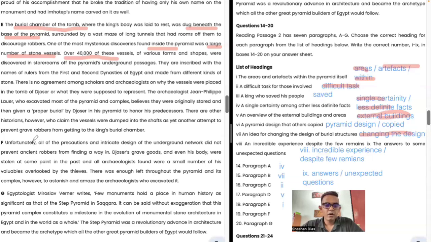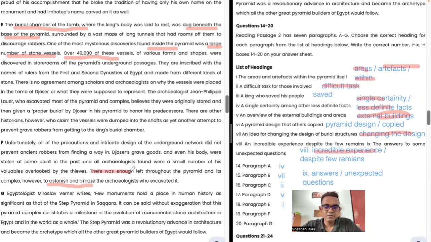Okay, unfortunately, all of the precautions and intricate decisions of the underground network did not prevent ancient robbers from finding a way in. There was enough left throughout the pyramid and its complex, however, to astonish and amaze the archaeologists who excavated it. Okay, astonish and amaze is incredible experience, right?